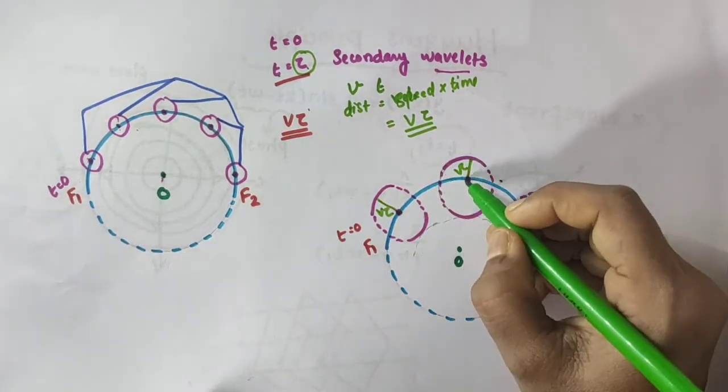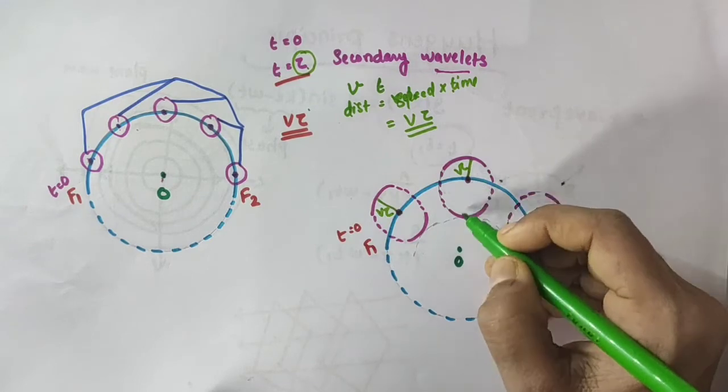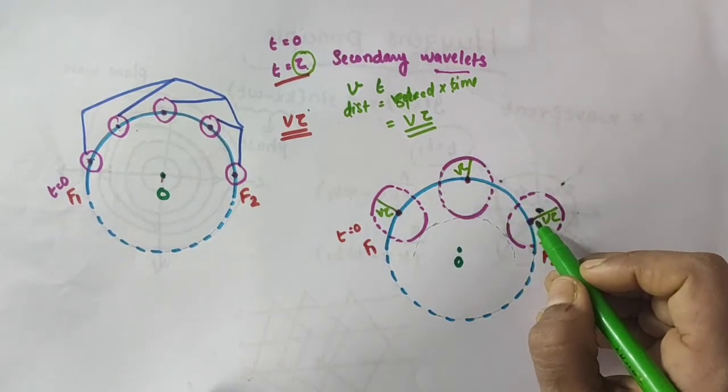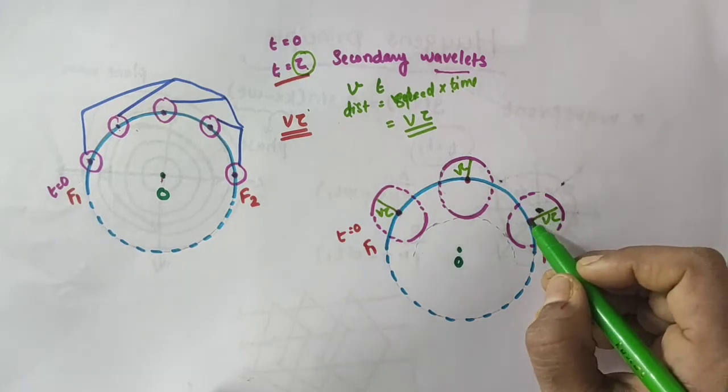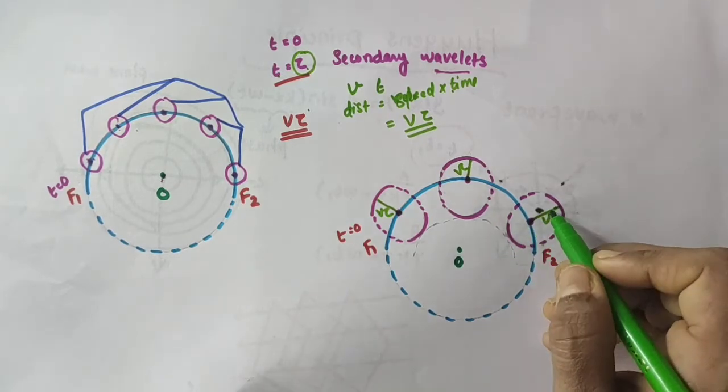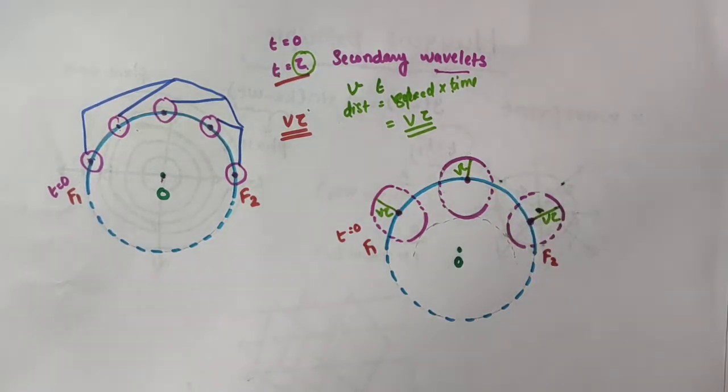This wavelet also travels a distance v tau in the forward direction and a distance v tau in the backward direction. So, from here to here, that's the radius. That is why we are drawing spheres of radius v into tau.